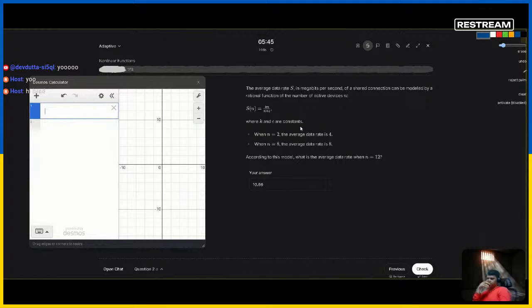When n is 2, the average data rate is 4. And when n is 8, the average data rate is 8.